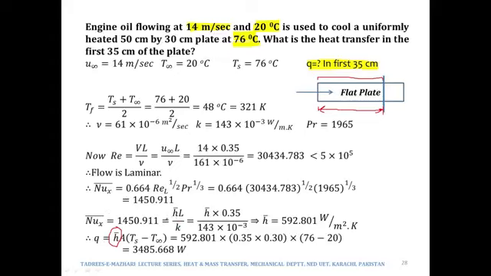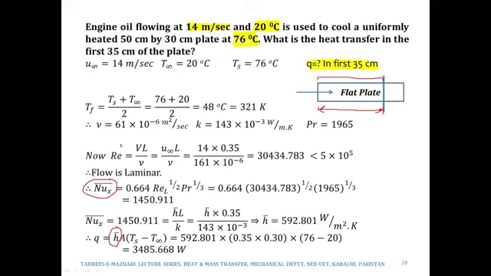And since we need to find out h bar, we would be using an expression for average Nusselt number over the entire plate. Over here, the entire plate does not consist of 50 centimeters, but it consists of the first 35 centimeters. In order to select the correct expression of Nusselt number, we need to determine the type of the flow, whether it is laminar or turbulent.